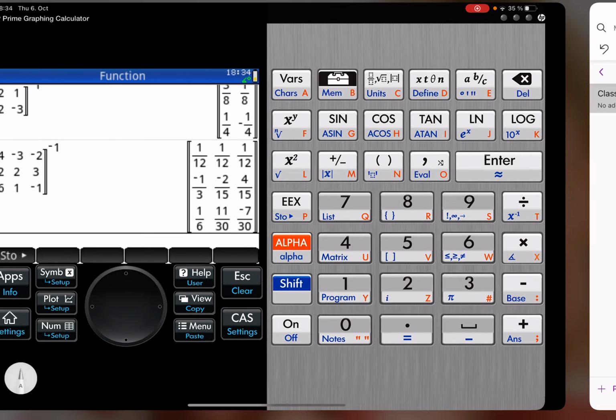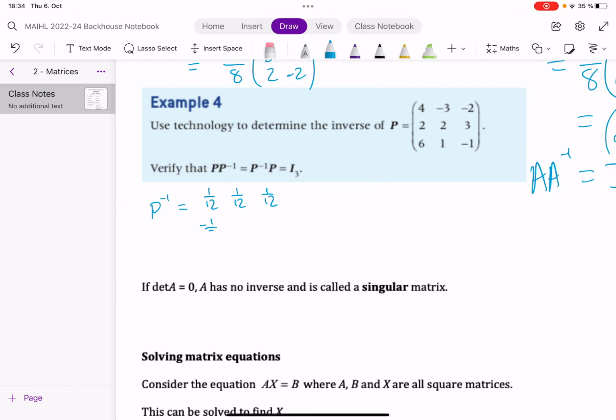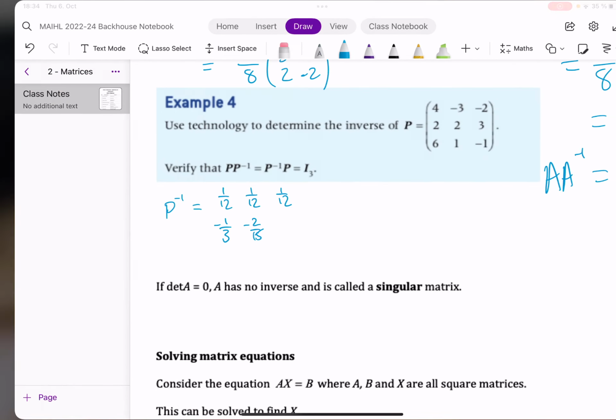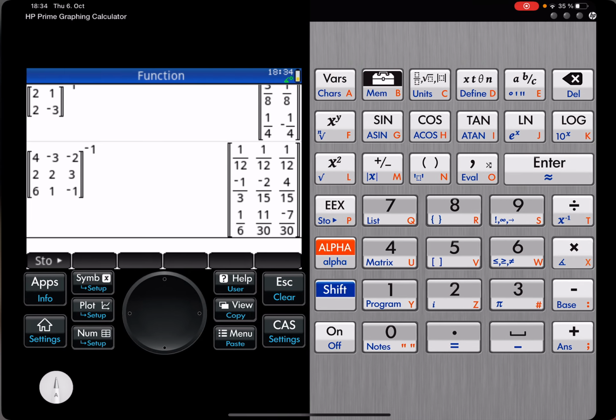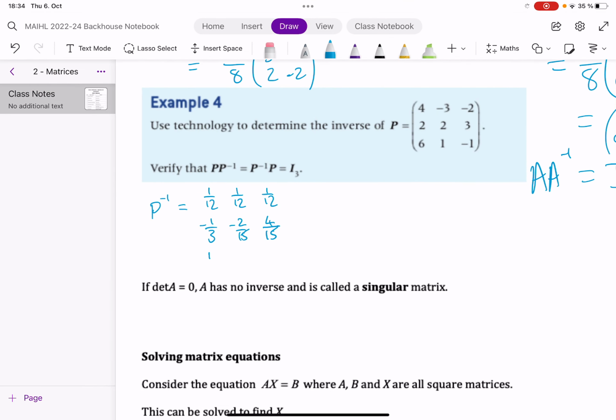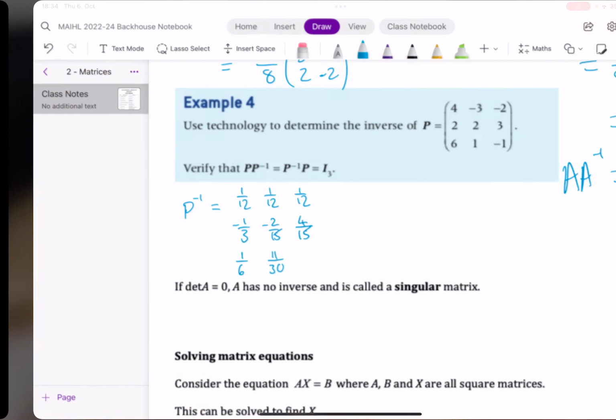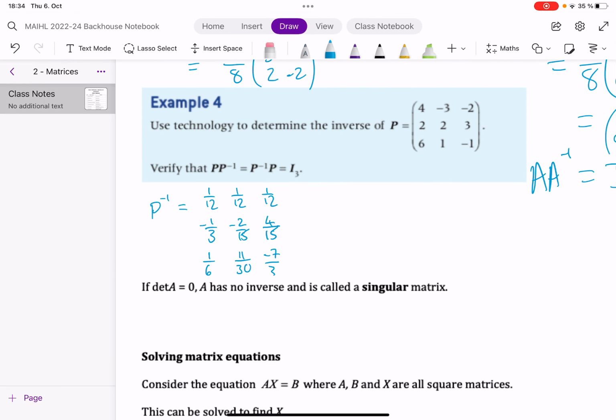Then negative a third. Okay, I'm imagining you're probably going to want to skip this instead of watching me copy these down. A 6th, 11/30, I can't remember the last one, negative 7/30. Okay, so that's our inverse matrix.